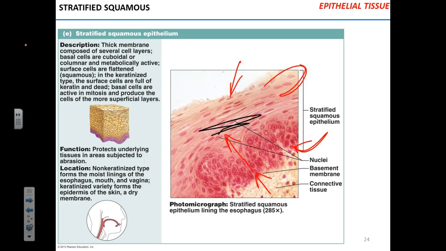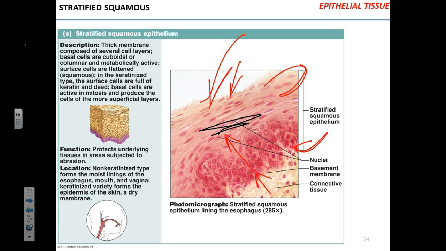So essentially the external, superficial layer of stratified squamous epithelium is dead. Okay? Now, this dead layer is the perfect protection because you don't really care about the dead cells. You can lose as many as you want. Does that make sense?